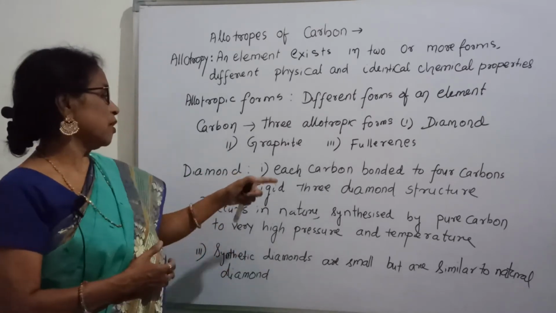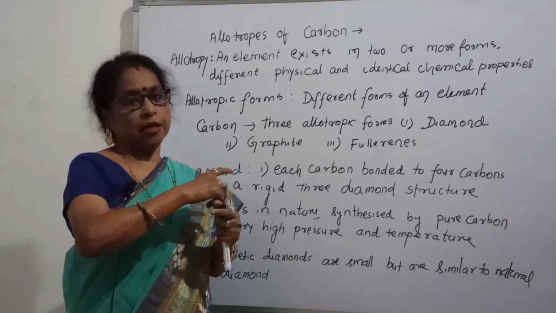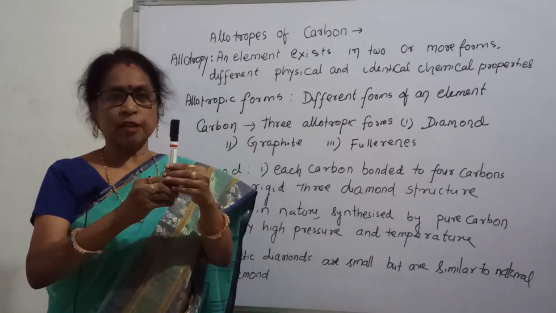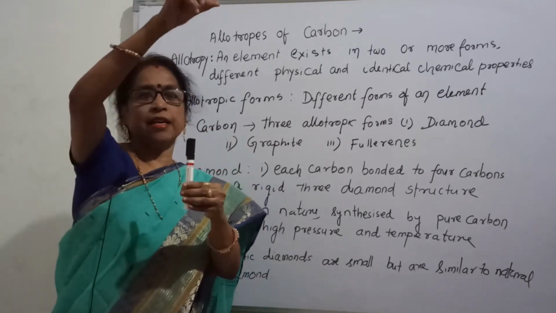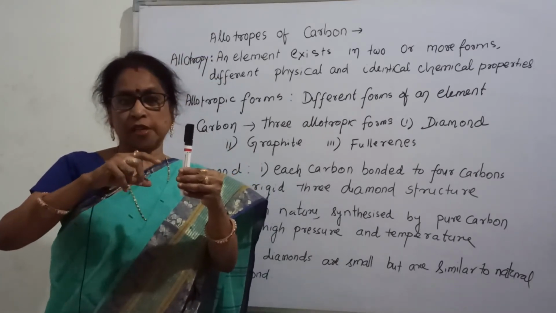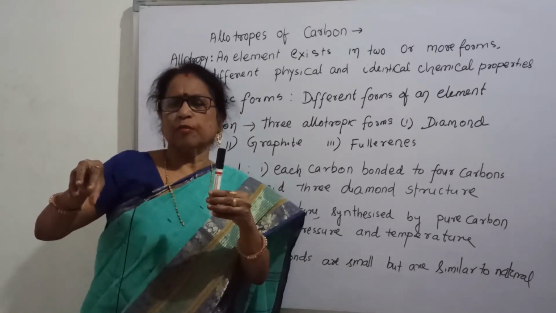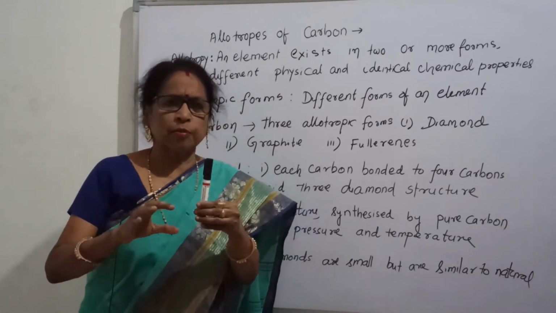And what is diamond? Each carbon atom is bonded to 4 carbon atoms: one in the middle, and here one, here one, 3, 4. That means 4 carbon atoms are joined to a particular carbon. Similarly, other carbon atoms are also joined to 4 carbon atoms.